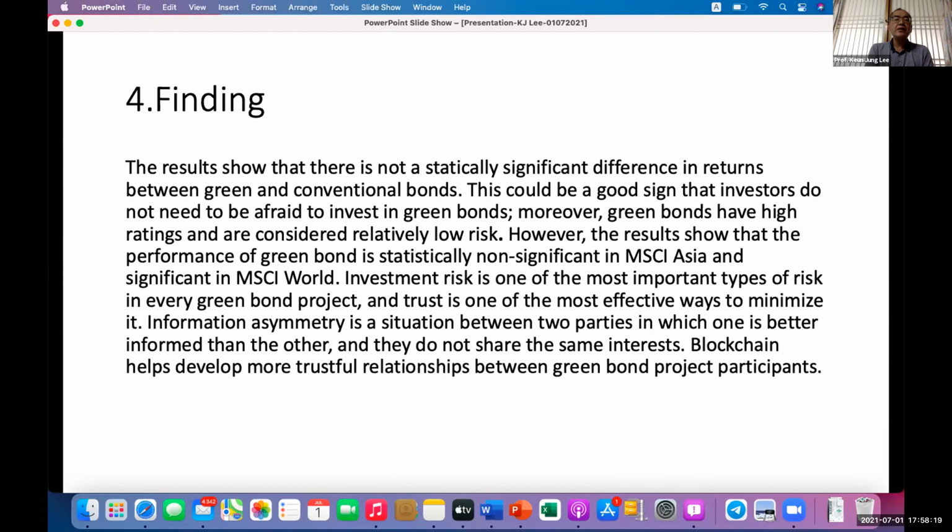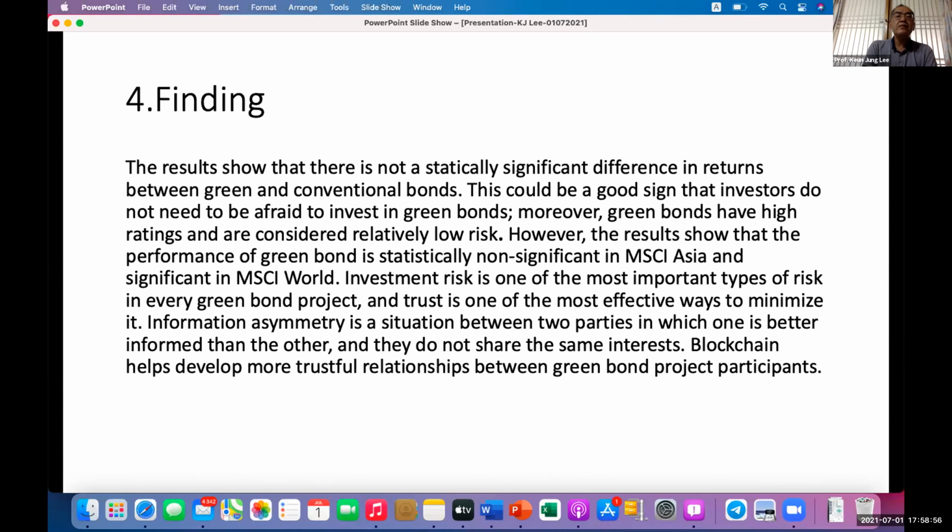But the world market index, MSCI World, is significant, relating to a higher return in the green bond than the conventional bond. Therefore, the research presents a blockchain framework for digitizing green bond issuance in terms of information asymmetry. When we use the blockchain, how can we minimize the information asymmetry?